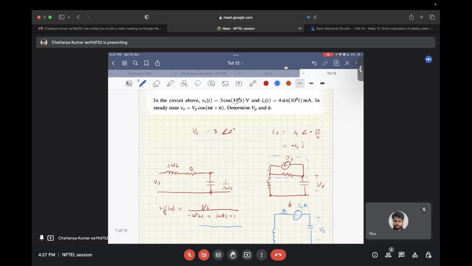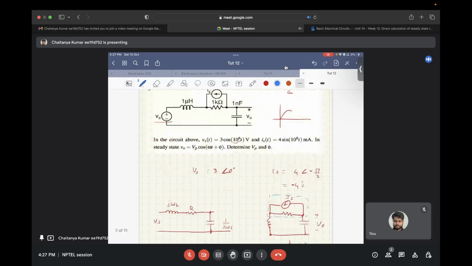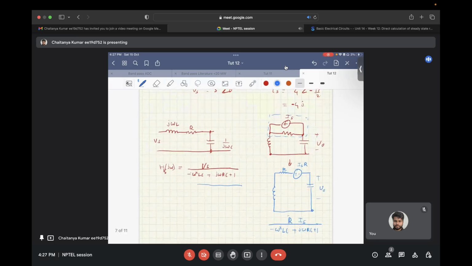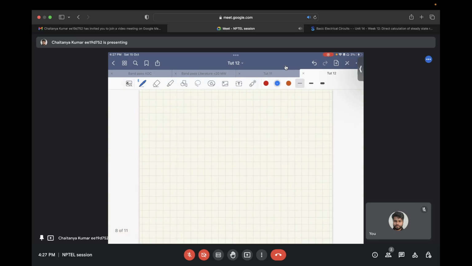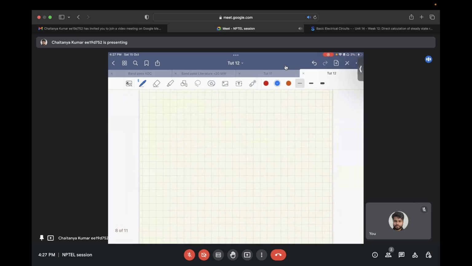The magnitude and phase responses for both of them will be same because the transfer functions are same. Only in case of Is, there will be a slight change, and that is due to this resistance getting added. Only due to Vs, what we have at the output, let's call it Vp1 cos omega t plus phi 1.